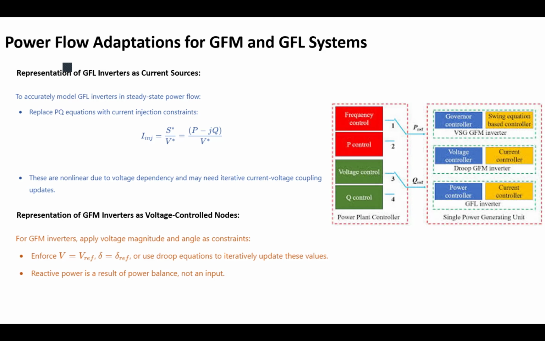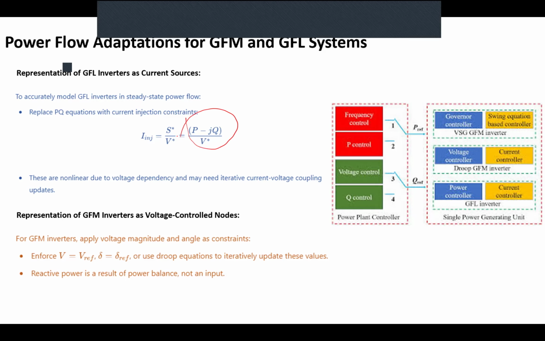So we have to replace all those P's and Q's in the functions of the power flow analysis, the Jacobian matrix and all those things, with the current that we have in the inverters.